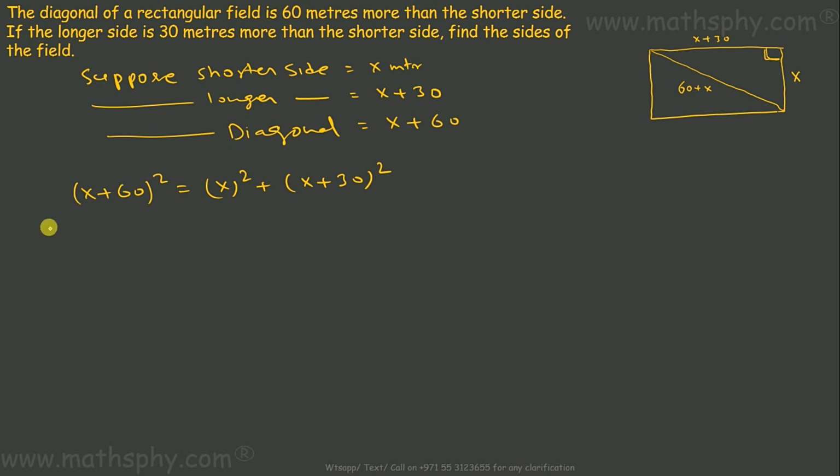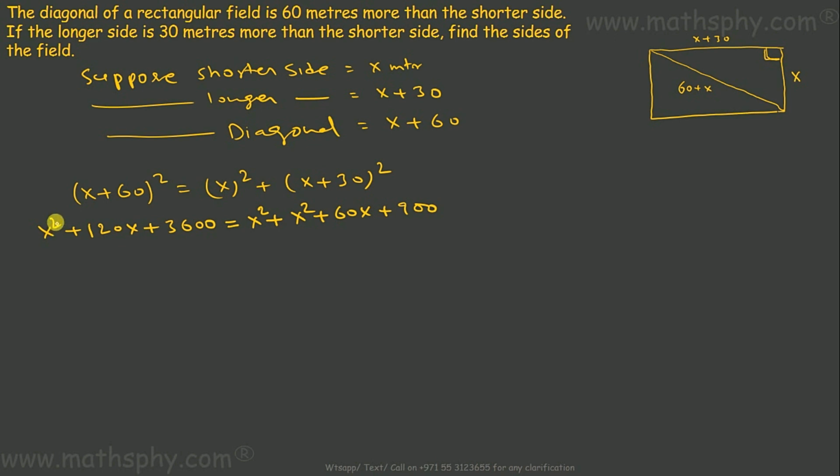To solve this, this will be x² + 120x + 3600. This will be x² + x² + 60x + 900.